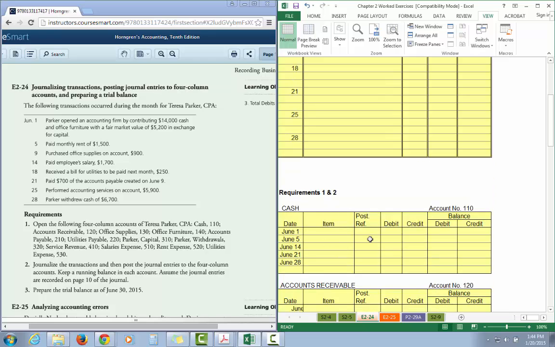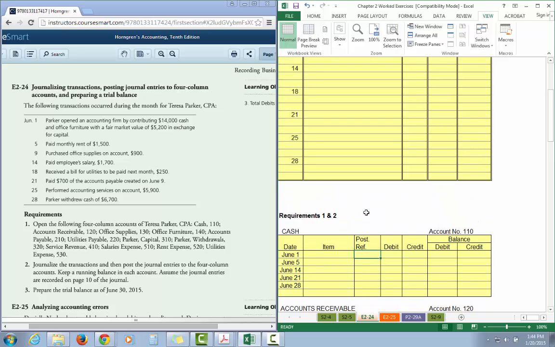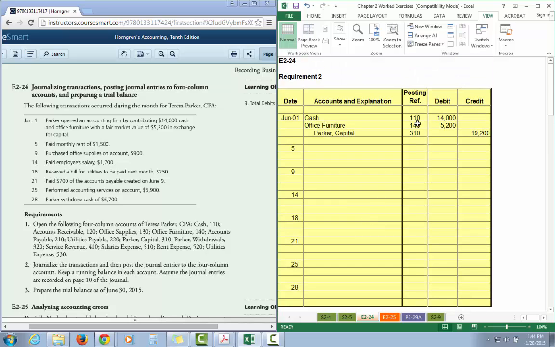And then when we come down here and post it to the T accounts, that would be our journal entry reference here, so that we would know which journal entry it is and where we could look for supporting documentation, okay? But we'll follow along with what your book is asking you to do right now, and then go from there, okay? So, that was the first transaction.